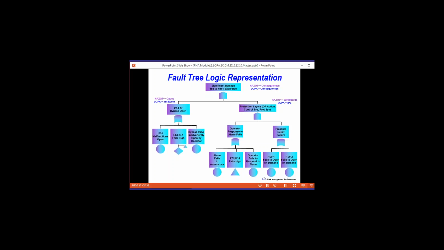The fault tree, as some of you recognize the AND and OR gates, and your undesired event at the top, and the fact that you've got an initiating event that has to happen in conjunction with the failure of safeguards to really get to that undesired event. Well, when you think about it in HAZOP space, the causal event is basically, in this case, a level control valve failing open. You've got consequences clearly identified, and you've got safeguards, also part of the fault tree.